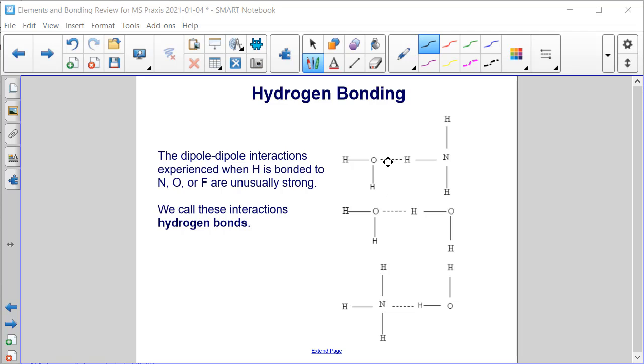We get a hydrogen bond here. This interaction between the really negative end of this water molecule and the really positive end of this NH3 molecule. The same thing happens with two water molecules or with another NH3 and H2O. Okay, so these dashed lines are our intermolecular forces known as hydrogen bonds.